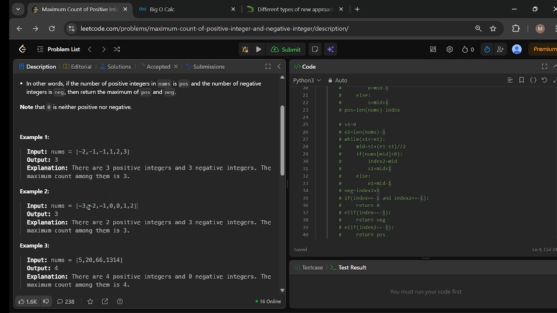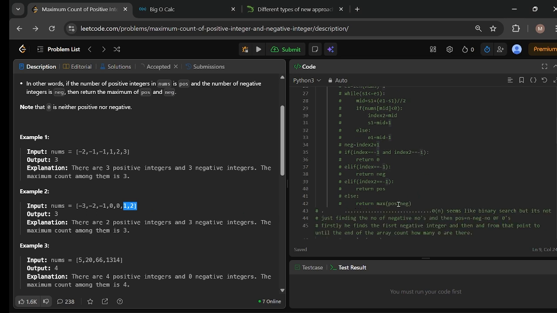If you see, in this array we have seven elements, right? What is the index of this element? 0, 1, 2, 3, 4, 5. So 7 minus 5, we will get 2. That means we got the count of the positive integers, and eventually we will return the maximum of the positive and negative integers.